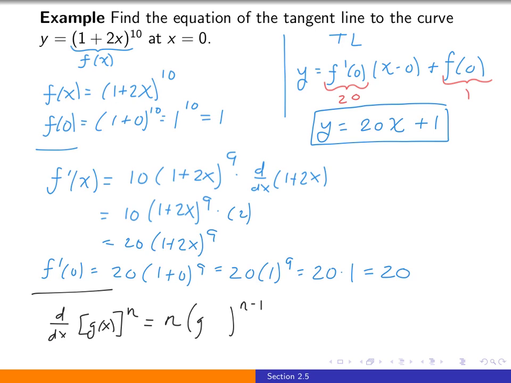We evaluate at the inside function, and we multiply by the derivative of the inside function. And note that this much more general looking formula is exactly what we applied above with the chain rule. So it's something that we want to get used to, and it's really, once again, a bit of pattern recognition that comes along with this.